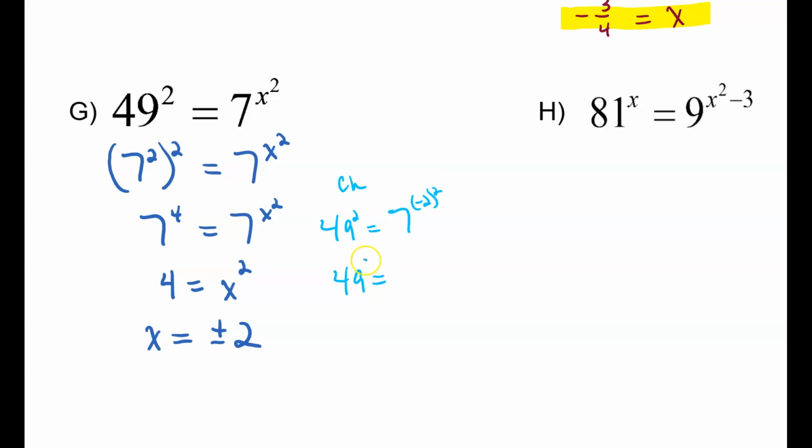It's going to become 4, 7 to the 4th power. Is 49 squared the same as 7 to the 4th? Yes. And again, if I plug in the positive 2 squared, then what happens? Same thing. So we get 2 answers here. X can be positive or negative 2.